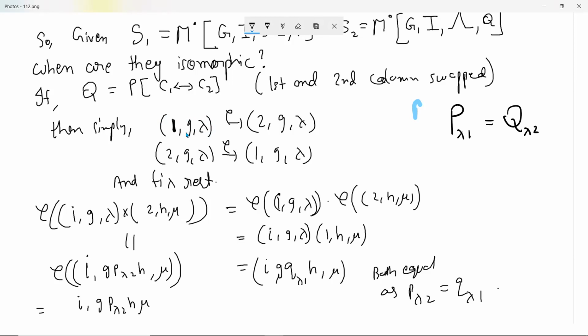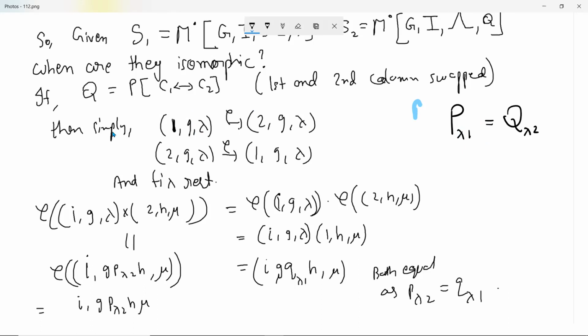This is in S1, so what should this correspond to in S2? Now, if you think about it, this P of lambda comma 1 controls the multiplication, and it looks at the first.